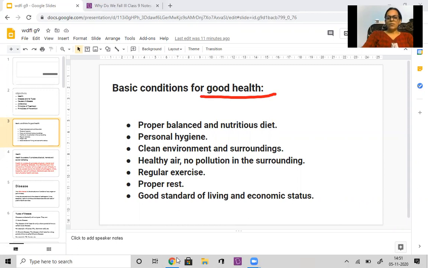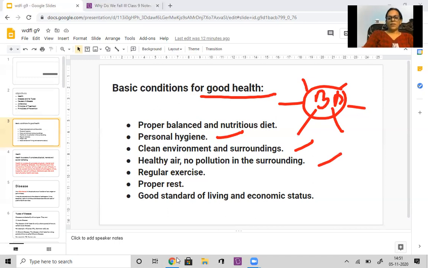One is proper nutrition. आप अच्छा खाना खा रहे, balanced diet ले रहे, right? A balanced diet, all of you know, is an adequate amount of all nutrients. Then proper hygiene, a clean environment and surroundings, healthy air, no pollution in the surroundings, regular exercise, proper rest, and a good standard of living and economic status.